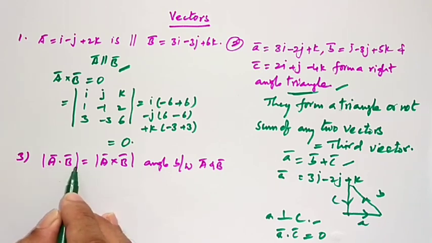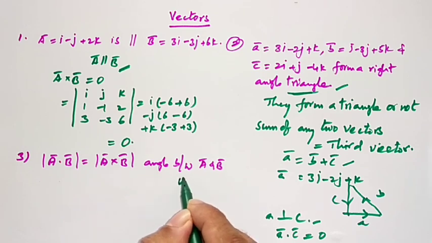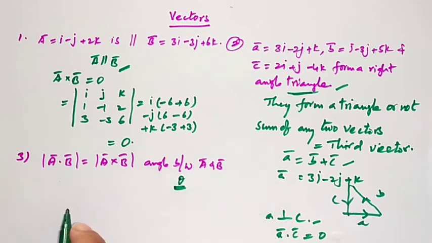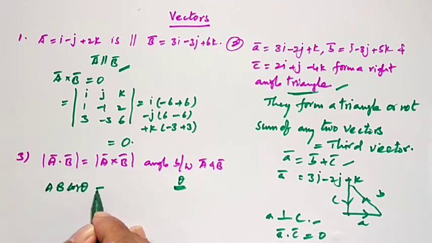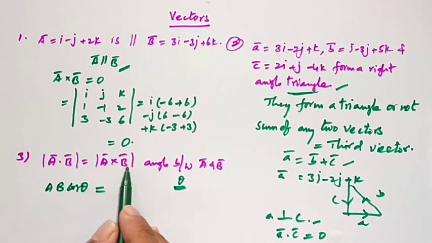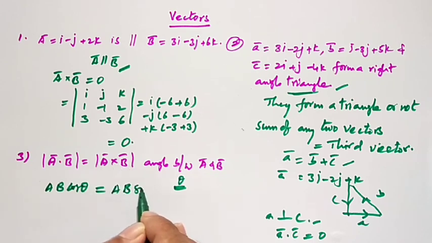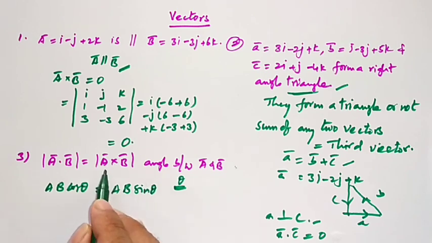Now let us see. This is the magnitude of A dot B. What is the formula? Let us take the angle between the two vectors as theta. Then it can be written as A into B into cos theta. That is equal to the magnitude of A cross B. What is the formula? A cross B is A into B into sin theta into n cap.